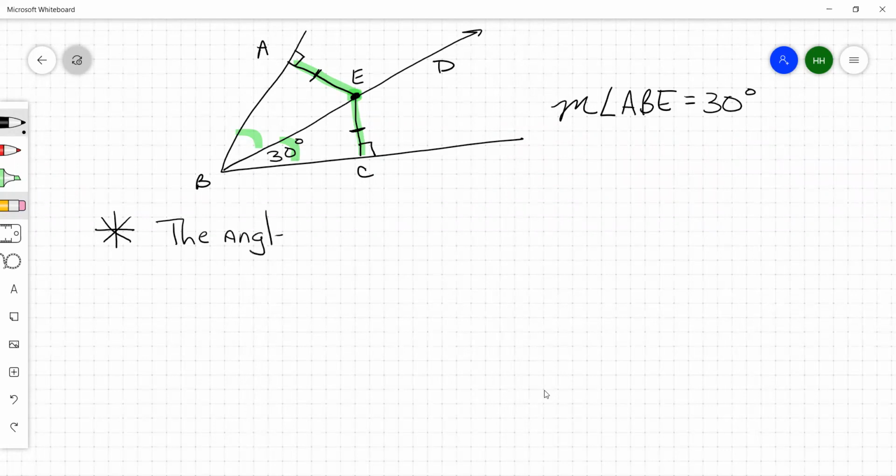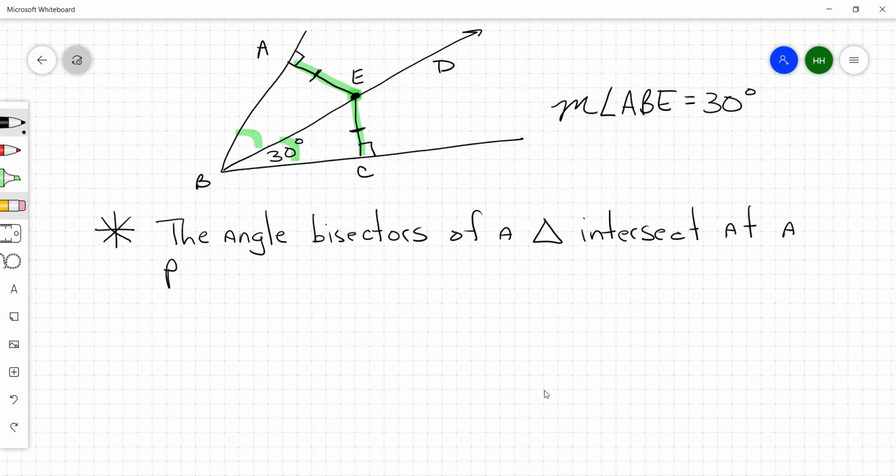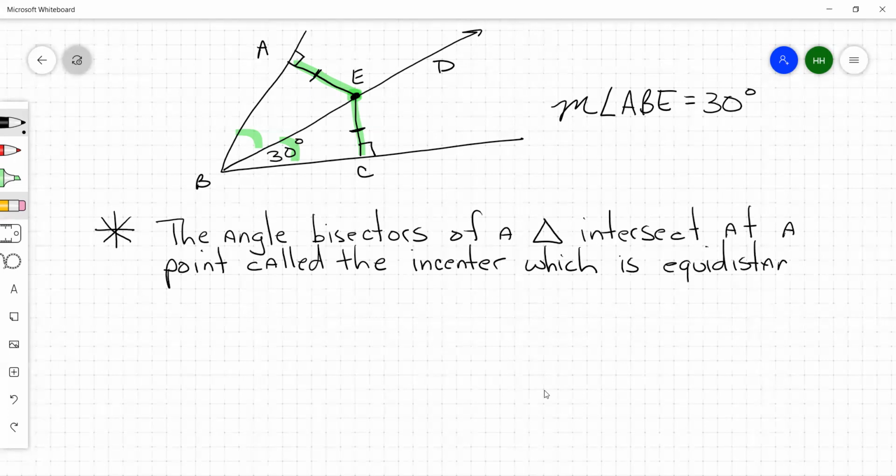The angle bisectors of a triangle intersect at a point called the incenter, which is equal distance, or equidistant, from the sides of a triangle.